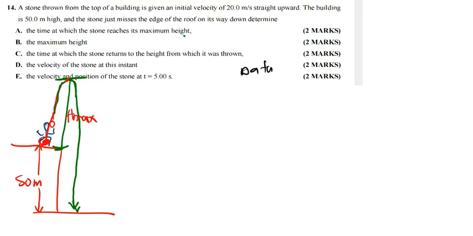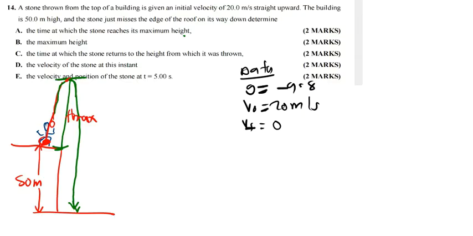What will be the data? G will be what? It will be negative. The velocity we have been given is 20 meters per second. But the final velocity when it reaches the maximum height, what is the final velocity? It is 0.